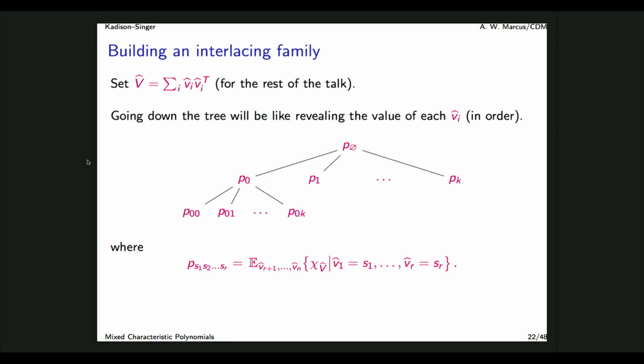Makes sense? And in particular, the siblings at depth t only differ in the value of vt hat, right? Any collection of children is just going to be the choice of some new vector after you already know all of the vectors that this node knows.